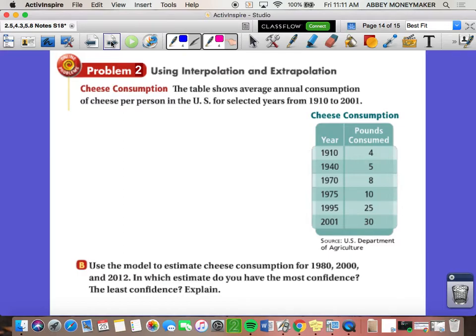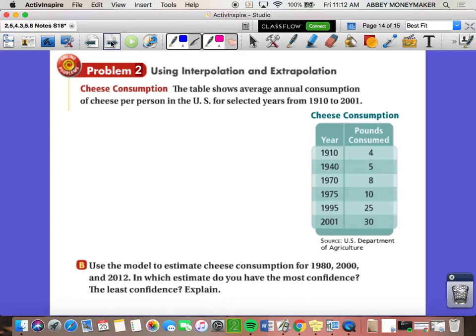All right. Let's do this application. This one's real important, and we'll finish here. On problem number 2, it says the table below shows annual consumption of cheese. That's gross. Per person in the United States from 1910 to 2001. It says find the regression that works. Okay?